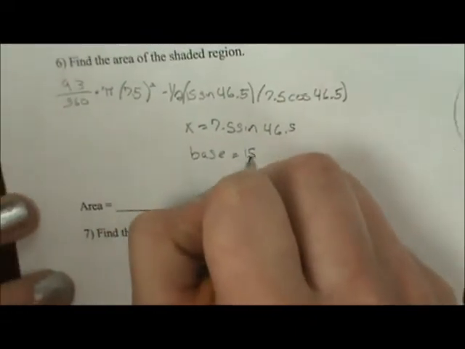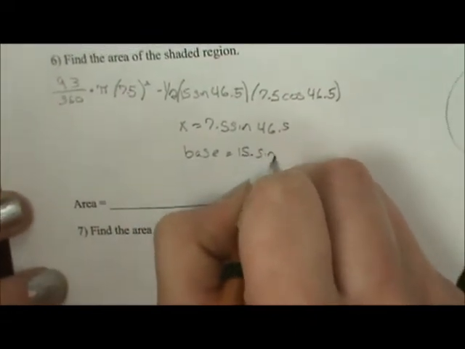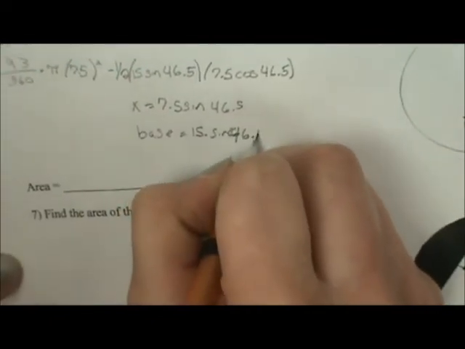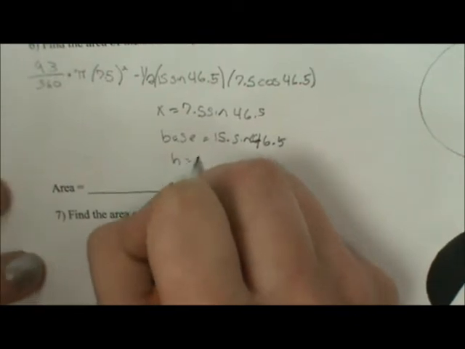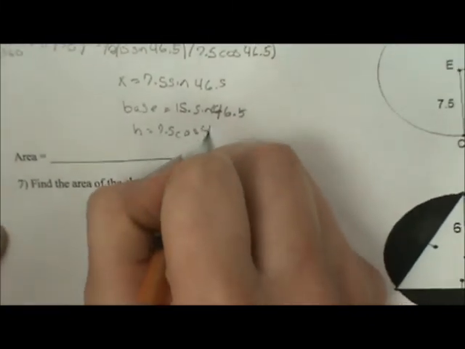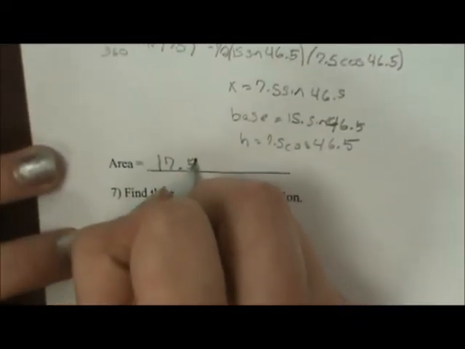The base of it equals 15 sine 46.5, and the h equals 7.5 cosine 46.5, and the area is 17.56.